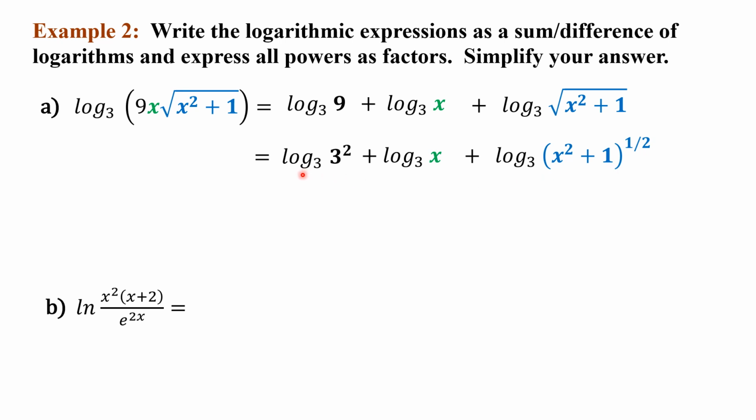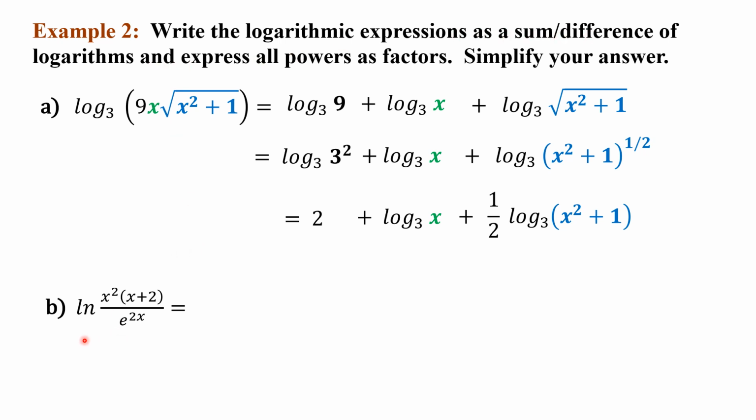And then now we can simplify our answer. The first term will be 2 and the second term will be the same, and the last term we have to express the power as a coefficient, which is 1/2 log base 3 of x squared plus 1. So that is how you will expand or write this given as a sum or difference of logarithms.